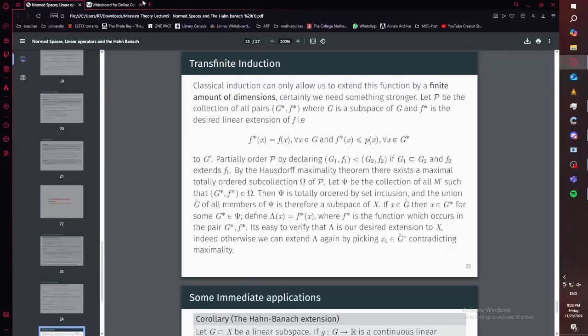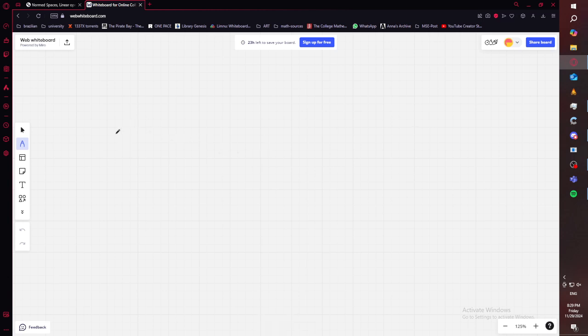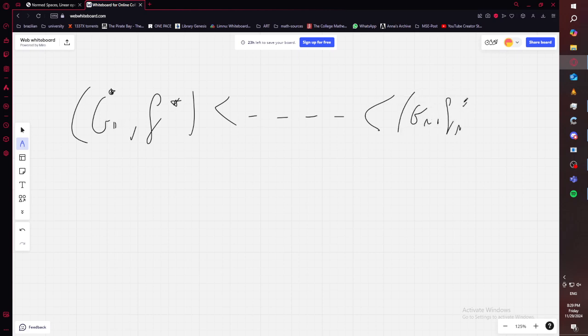Maybe I should write that down actually to make more sense of it. So what you took is you have a maximal totally ordered subset of extensions, right? And this is maximal. Okay? You can prove that it is actually infinite, right? So G1, then you have up to Gn, Fn star, let's say, and you can keep going forever.